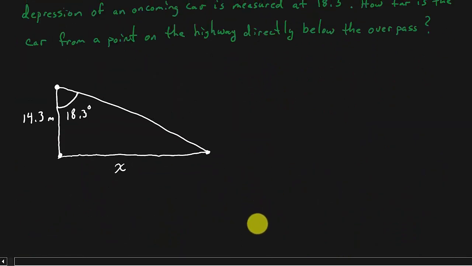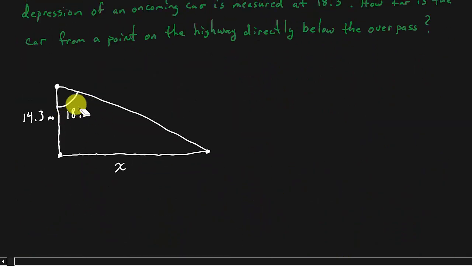So if we look at this, so let's erase this. All right, so if we draw in our horizontal here, this is your angle of depression. See that? Now, this angle, well, this is a right angle here, right?